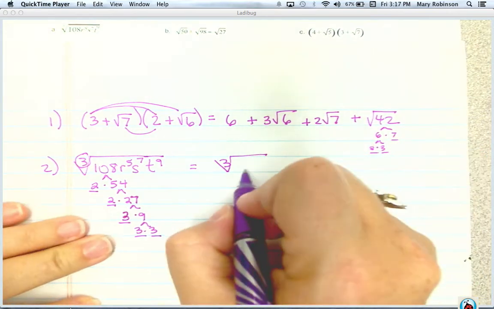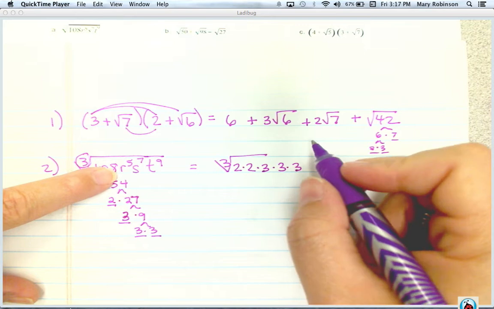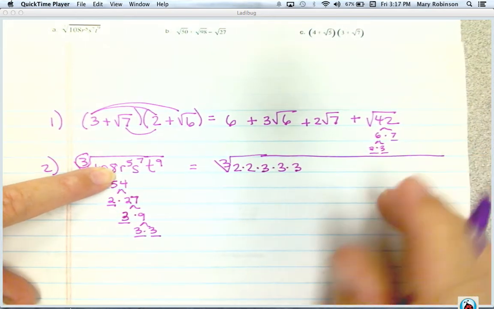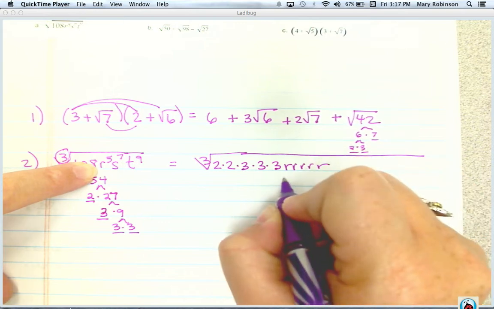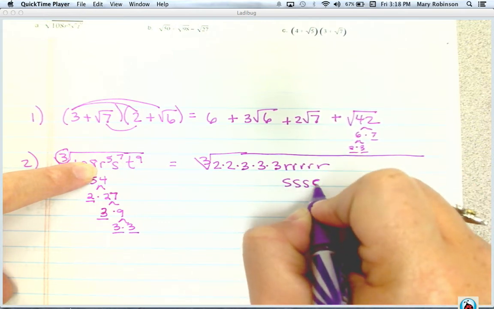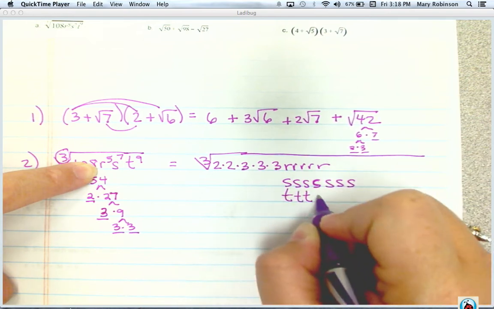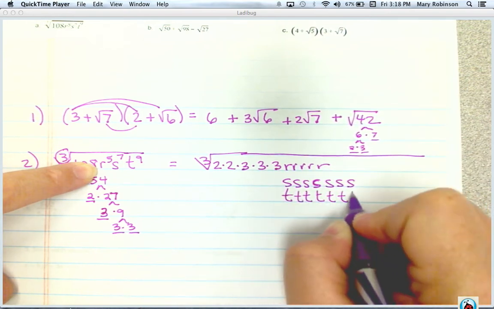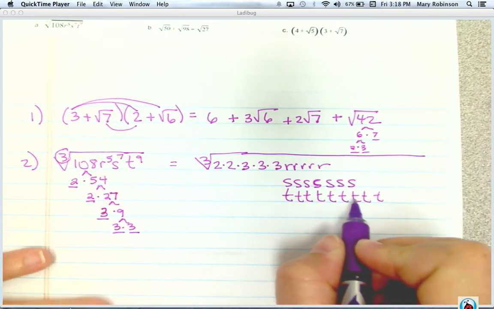So really what we're dealing with here is 2 times 2, 3, 3, 3. And then while some of you may not have to write all these out, I am.